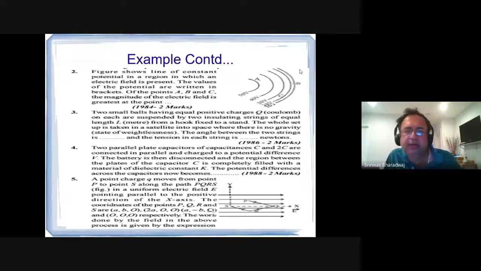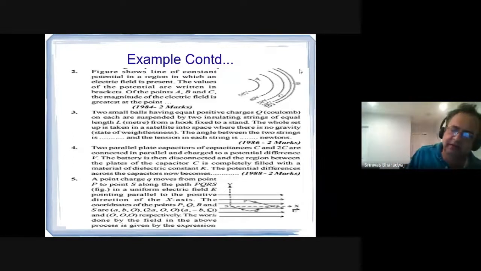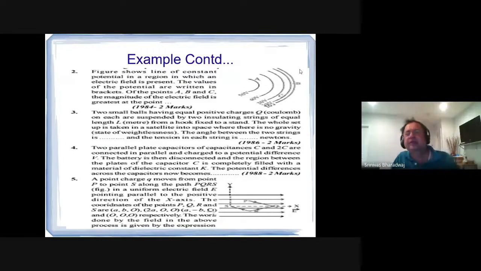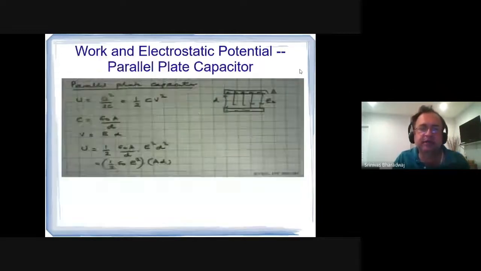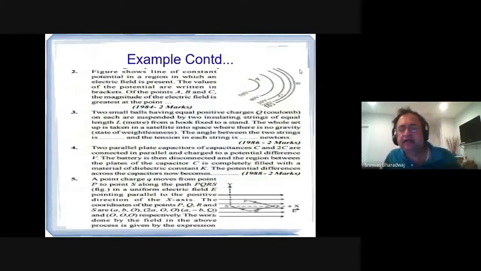Two parallel plate capacitors, C and 2C, are connected in parallel. So the net is exactly the same as this one. The net capacitance is C plus 2C, which is 3C. The battery is connected, therefore the charge is Q equal to CV, so 3C times V. Then the region between the plates of capacitor C is filled with a dielectric, so that will become KC.